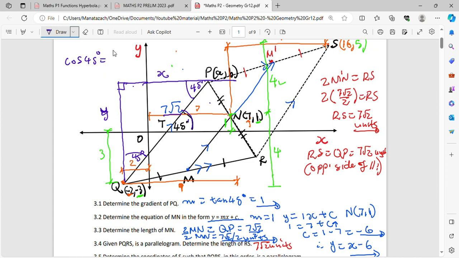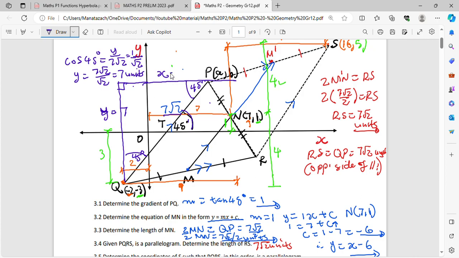So we're going to say y divided by the hypotenuse side, which is 7 root 2. So we know that cos 45 is 1 over root 2 by the definition of special angles. So that will give us y is equal to 7 root 2 over root 2, which is 7, right? Okay, so y here is 7.